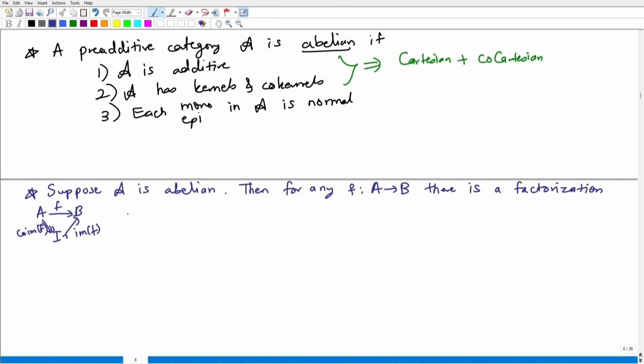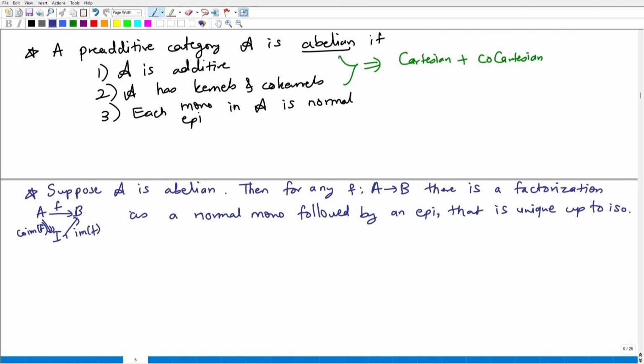Into a normal mono followed by an epi, or dually also. Both of those things happen. Such a factorization is unique up to isomorphism.